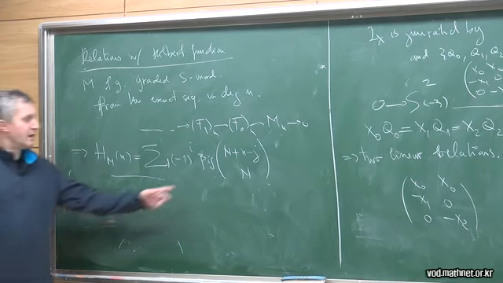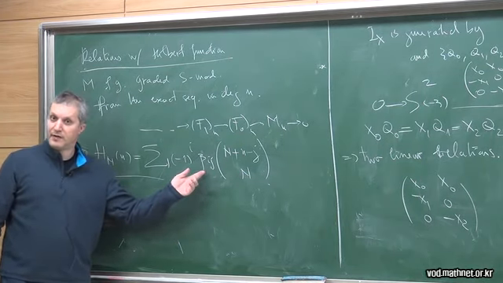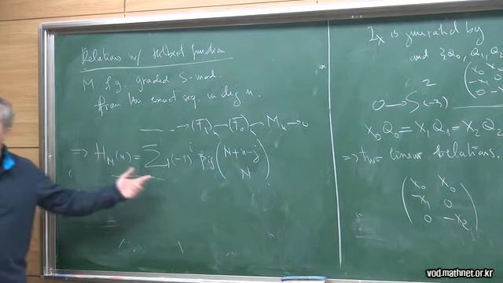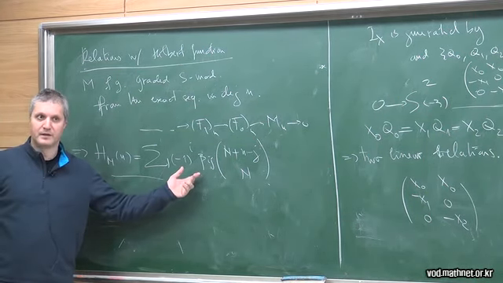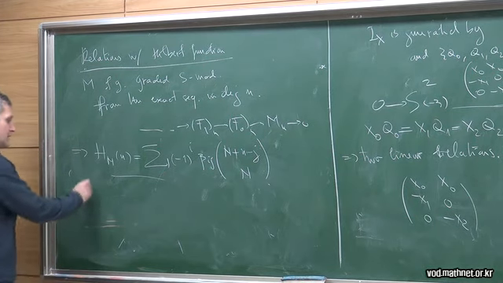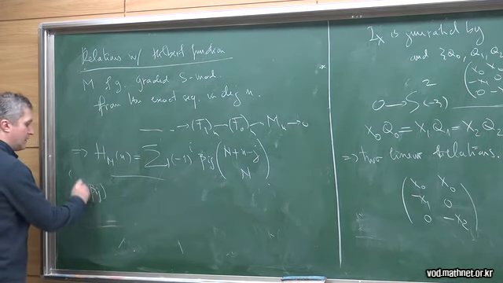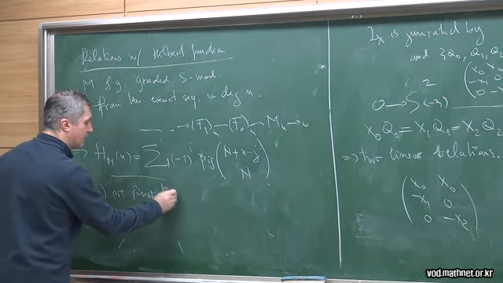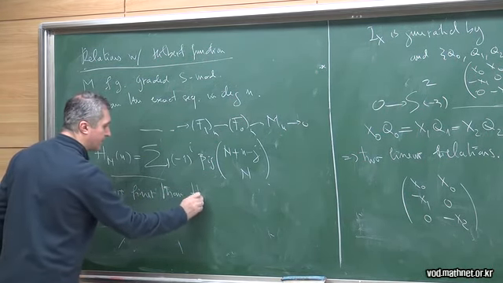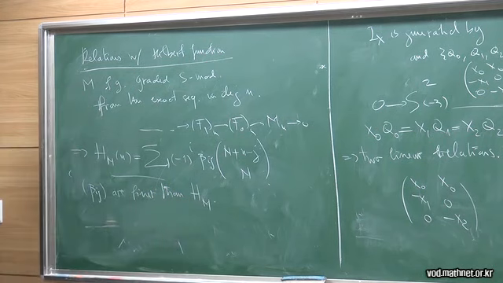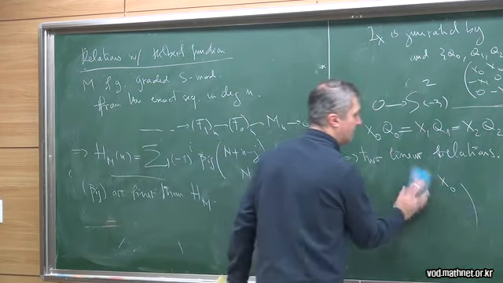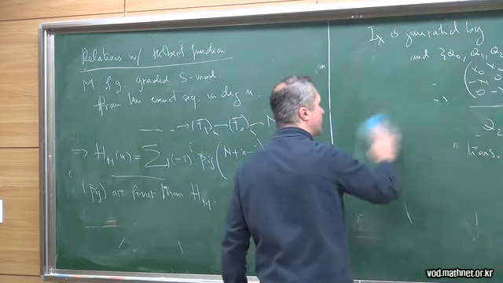These graded Betti numbers are finer than the Hilbert function, because the Hilbert function can be recovered from the graded Betti numbers. So these beta ij are finer than the Hilbert function. What about the converse? The converse in general is not true.